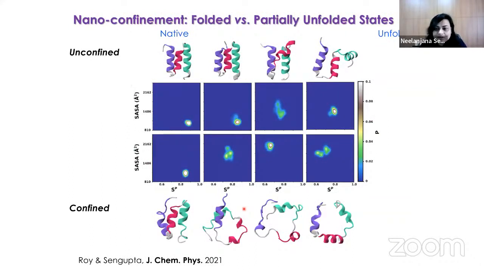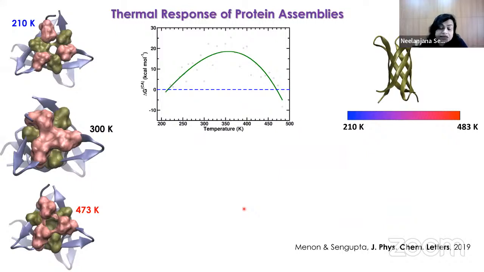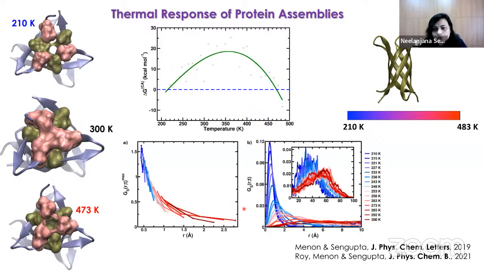We do find that if you do an ultra confinement, you can actually change the ratios of the native, folded, and unfolded states. We are also interested in what happens when you subject protein assemblies to extreme conditions. So we have been looking at the so-called cold denaturation or cold dissociation, and whether we can generalize some of the results. And very recently, we have started looking at how the solvent affects these interactions.